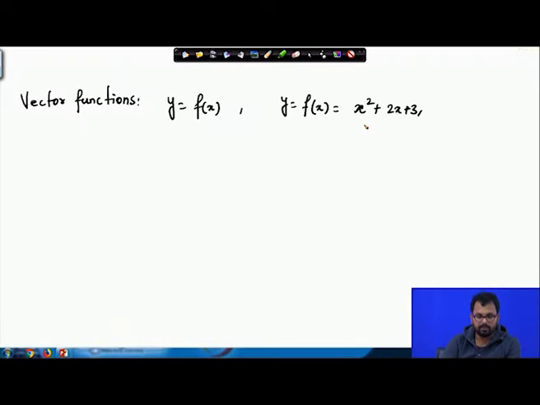We can give a formal definition for a vector function. The formal definition goes like this.